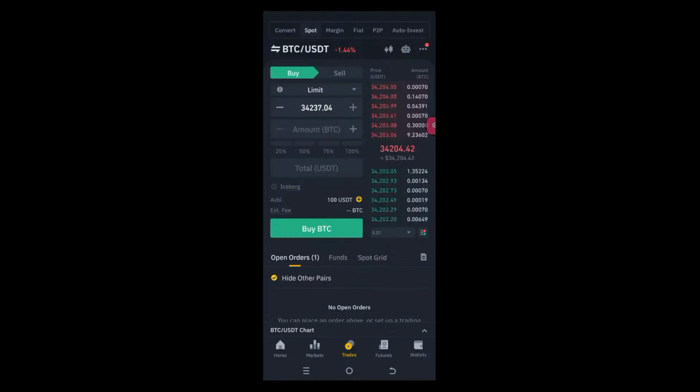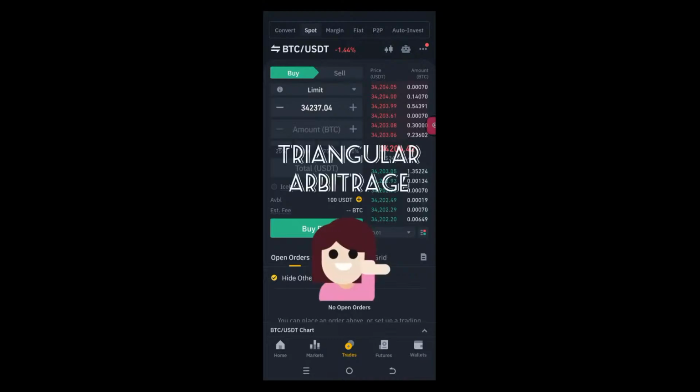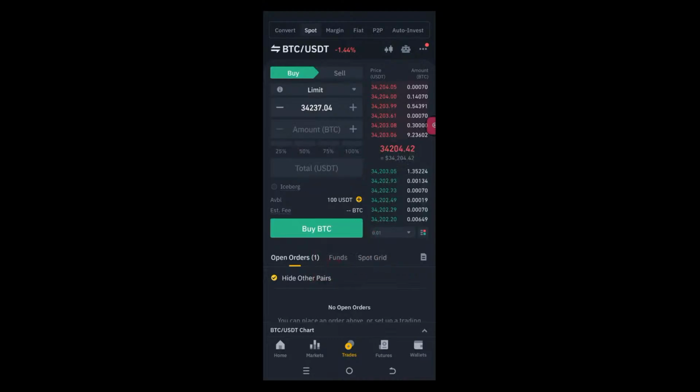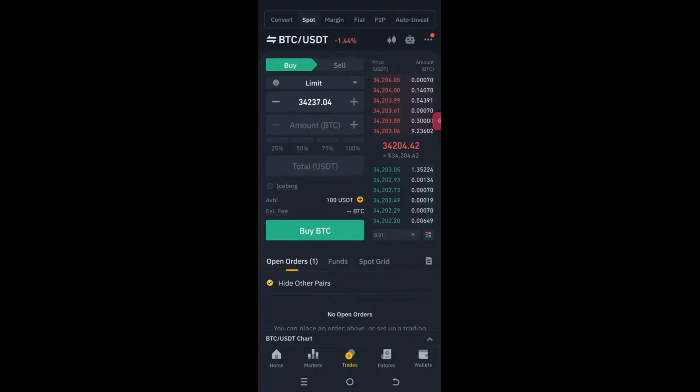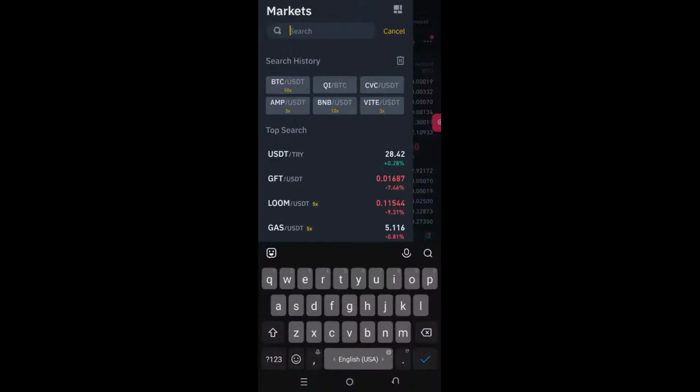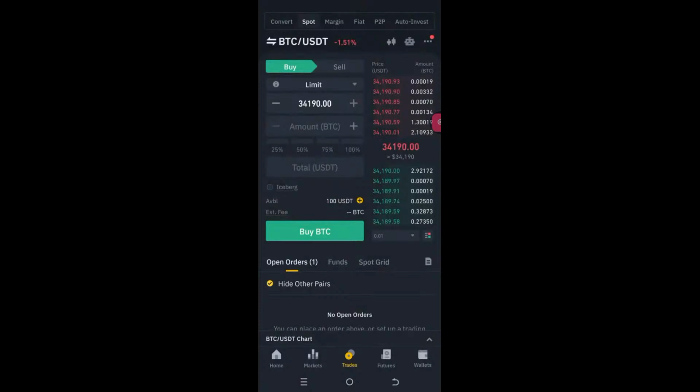Let's start with triangular arbitrage. We're currently on BTC USDT. Now, the starting point is, what is triangular arbitrage? I'm going to choose one of the coins here as an example to demonstrate it.